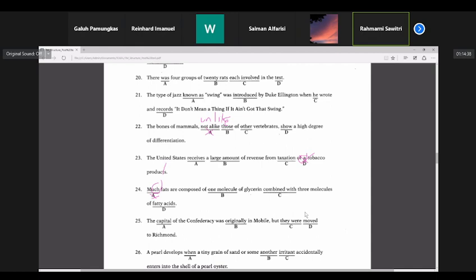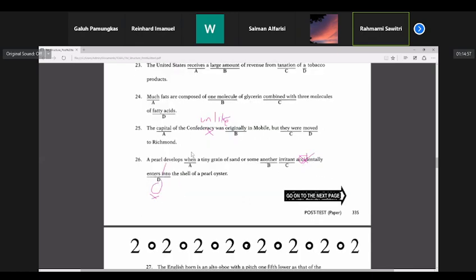No, because this one is uncountable. So here we have "but it was moved to Richmond." So for number 25, we have C.